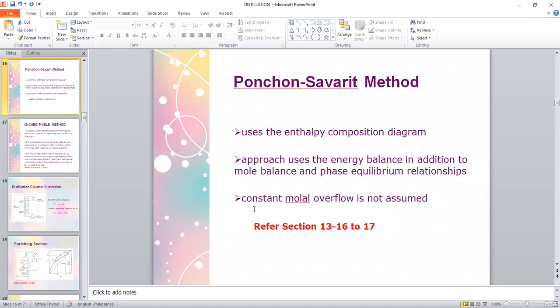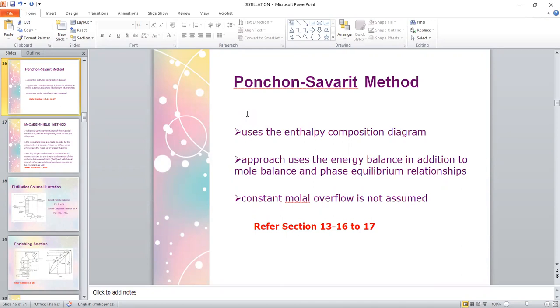Now, the constant molal overflow, which is a primary assumption in the McCabe-Thiele method, is not being assumed here. So we don't assume constant molal overflow in this particular method if we're going to use it. We're not going to use this method in all our computations because, as mentioned last meeting, it's a trial and error procedure and it's very lengthy.